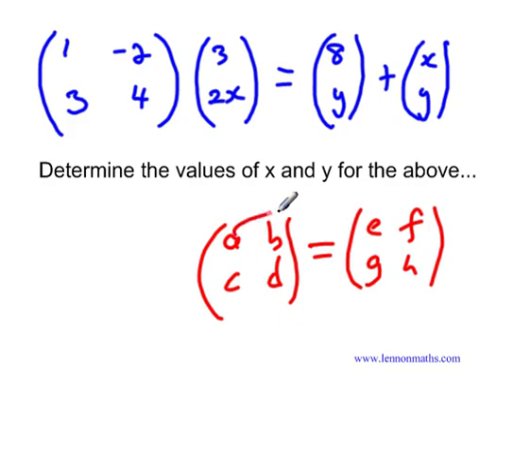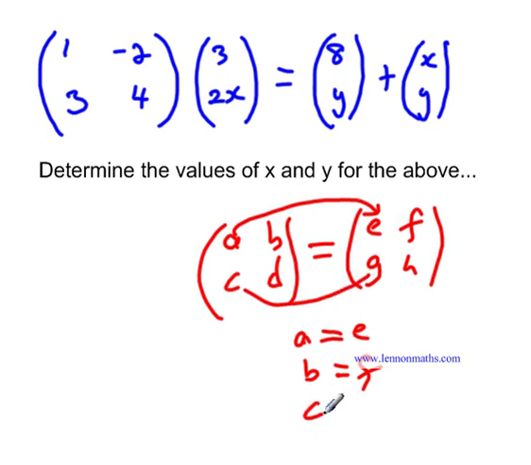So A is the same in value as E, so A is equal to E. B is equal to F. C corresponds to G, in other words C is equal to G. And D corresponds to H based on its position, so D is equal to H.